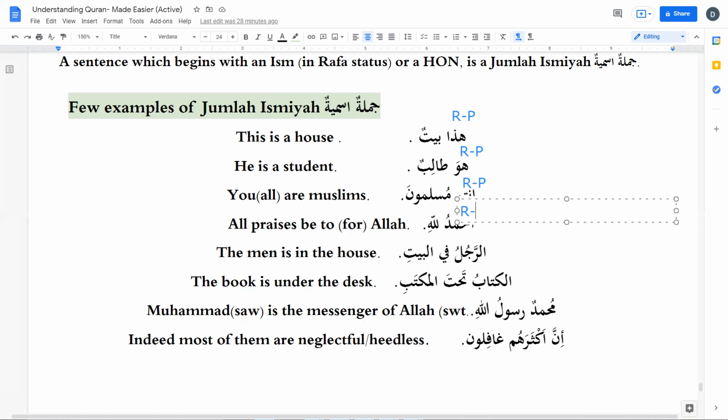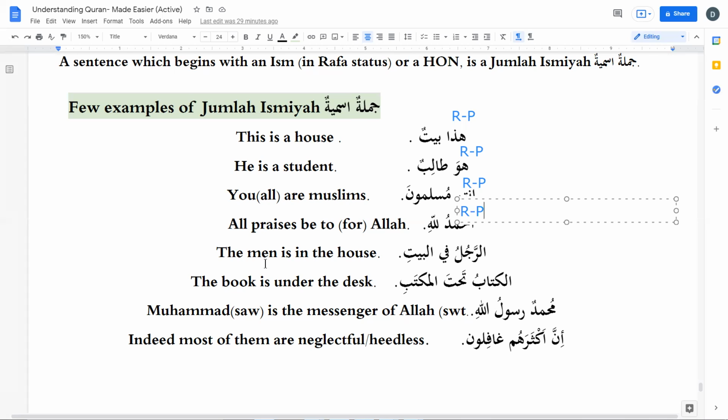And also with al, it's proper. Ar-rajulu, same, rafa and proper. Ar-rajulu fil baiti, the man is in the house. So the sentence starts with the topic or the subject. So the man, he, you all, praises, these are all subjects of the sentence, right?